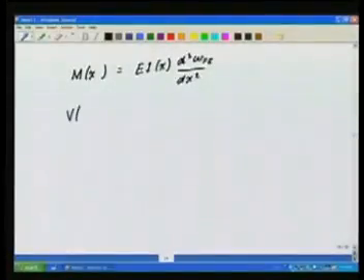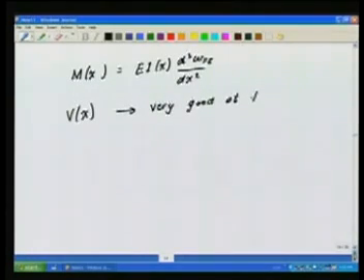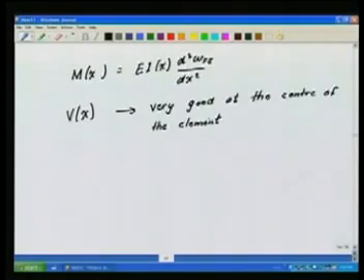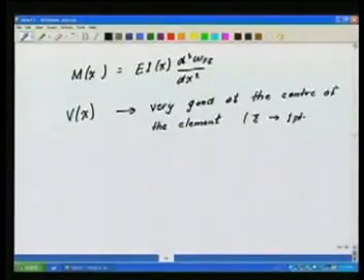Similarly, if I talk of V of x, this will be very good at the center of the element. Okay. So it corresponds to the point psi of the 1-point integration rule. So essentially, if I really want good values of M of x and V of x, I can pick them up at these points.